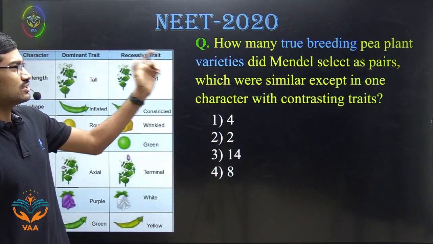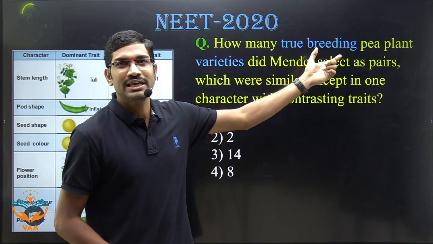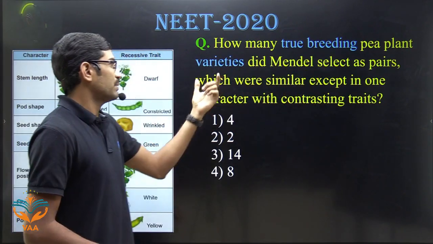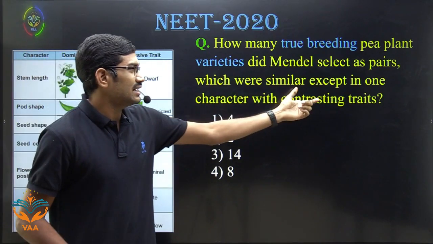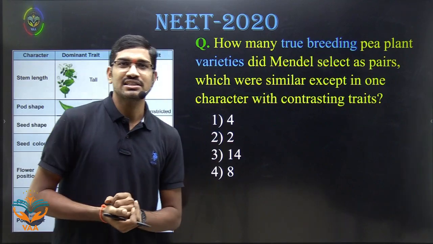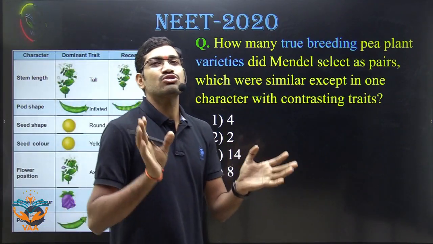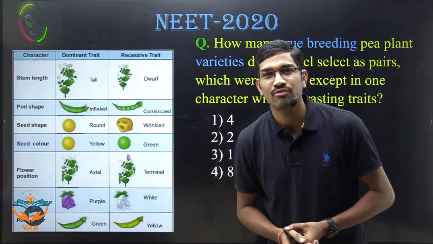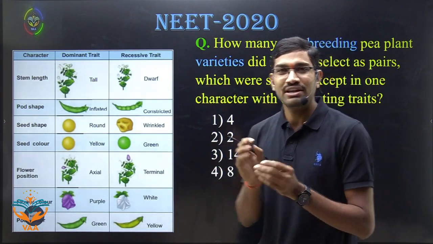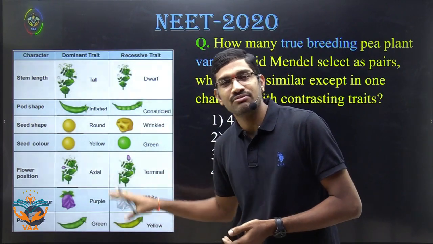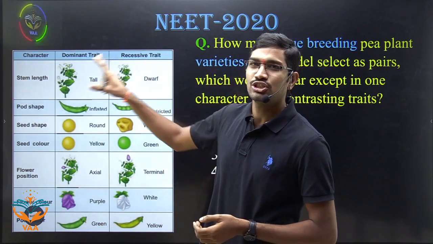See here, the first question is, how many true breeding pea plant varieties did Mendel select as pairs which were similar except in one character with contrasting traits? So Mendel in total worked with how many varieties of pea plant? Very important, Mendel actually worked with 7 characters, and each character has 2 traits.